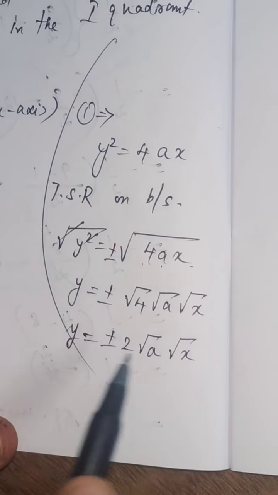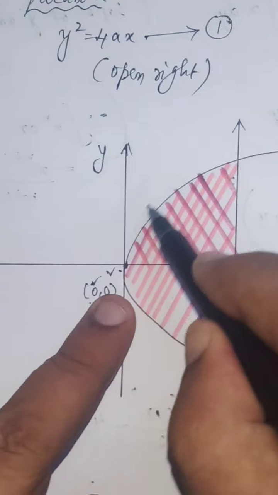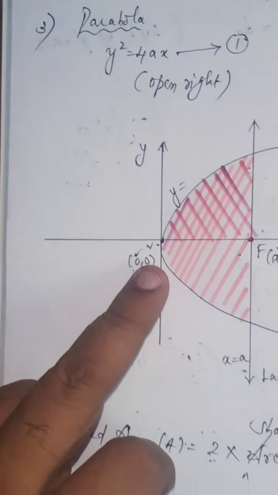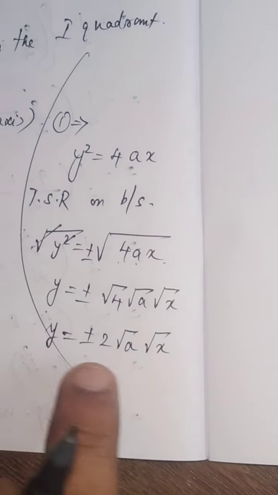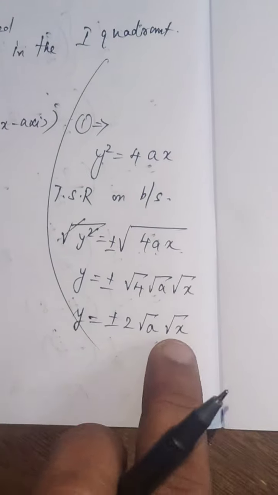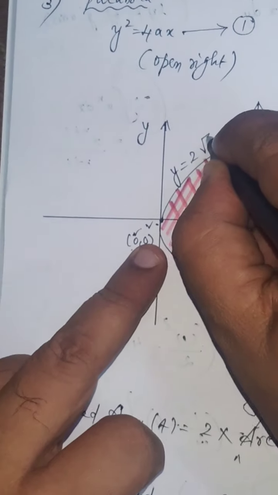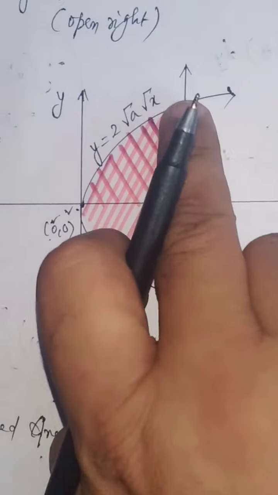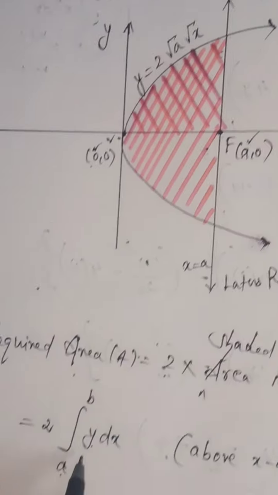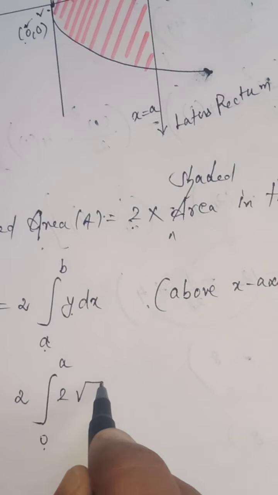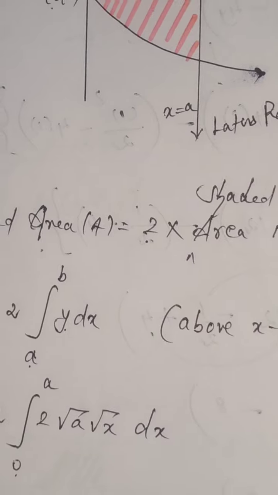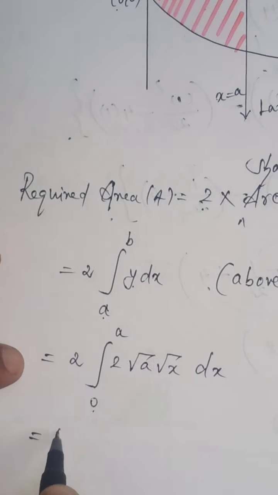So we have a double curve, one is plus, another one is minus. Since we are considering the first quadrant curve, we write only the positive one. No need to consider the negative one. The positive one is plus 2 root a into root x. So I write y equal to 2 root a root x dx. 2 2s are 4.